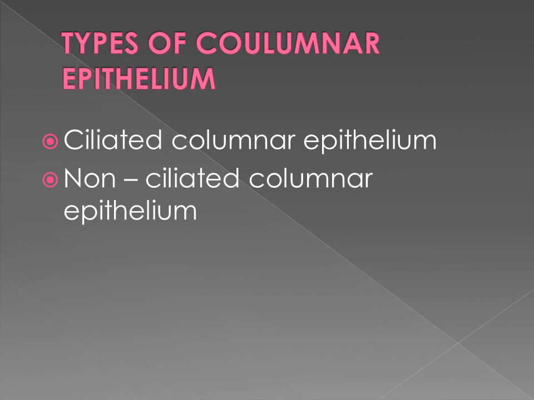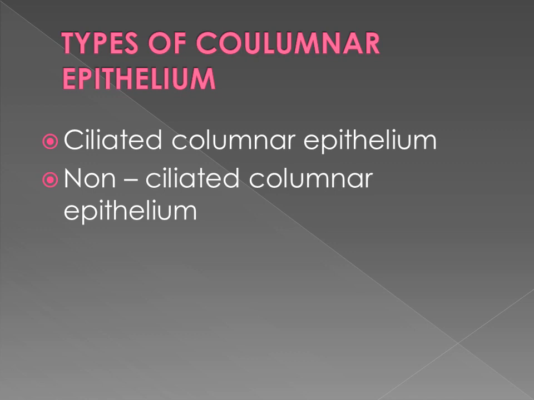Then there are two types of columnar epithelium. Already we said two modified forms of columnar cells, that is, microvilli and goblet cells. Another classification is that columnar epithelial tissue is of two types. The types are ciliated columnar epithelium as well as non-ciliated columnar epithelium.